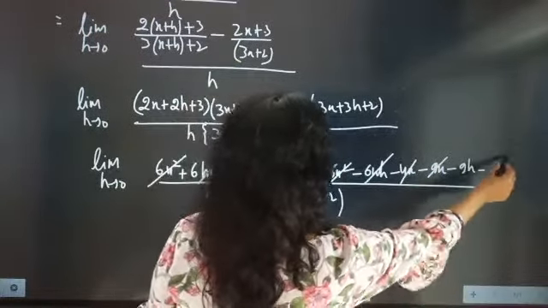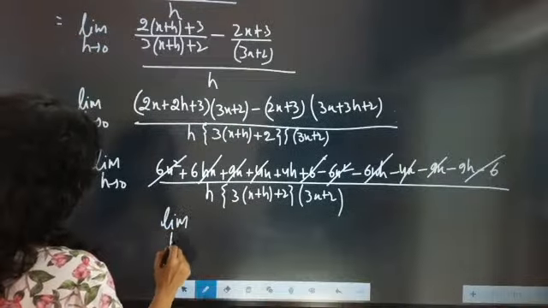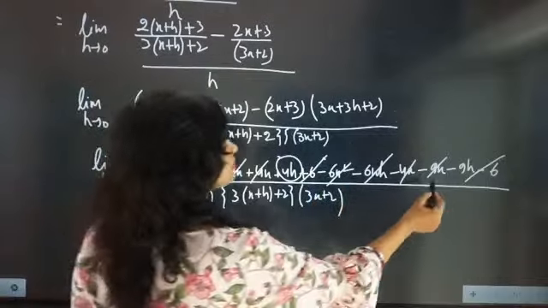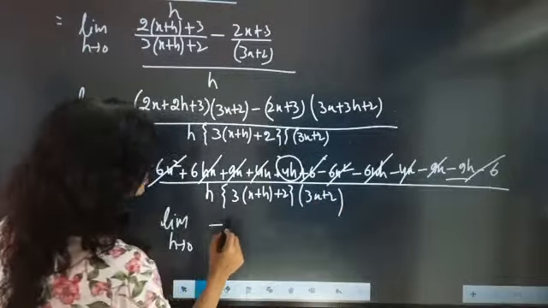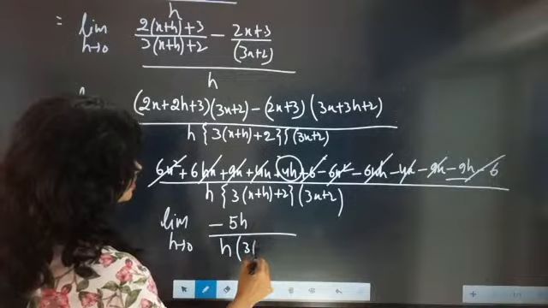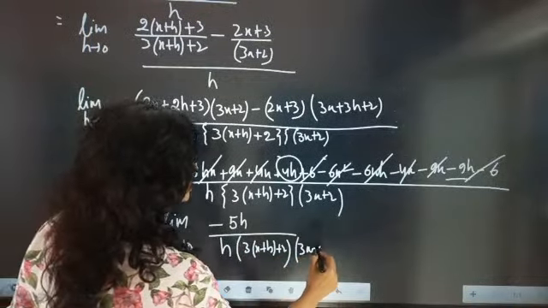Plus 6 minus 6 gone. So here only one thing is left, that is limit h tends to 0 of 4h minus 9h. So it is going to come as minus 5h by h times (3x plus h plus 2) into (3x plus 2).